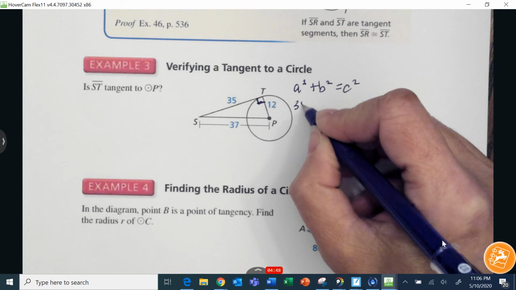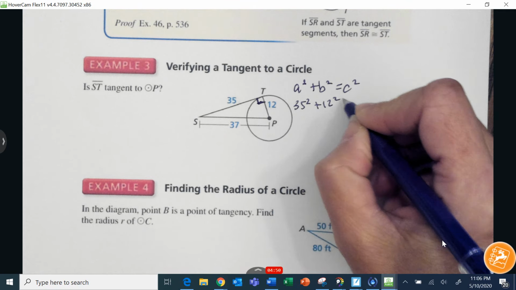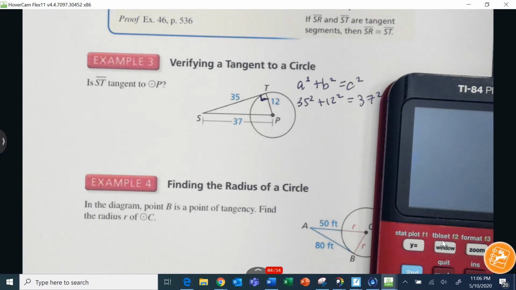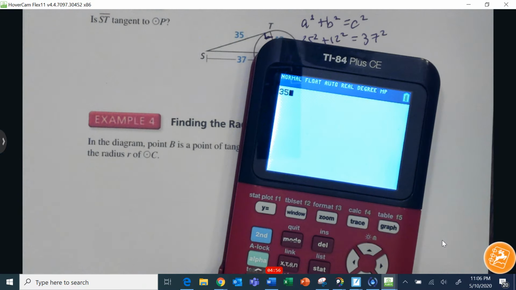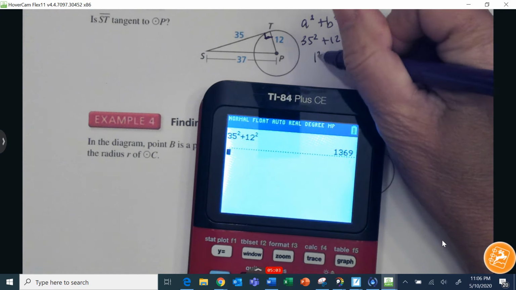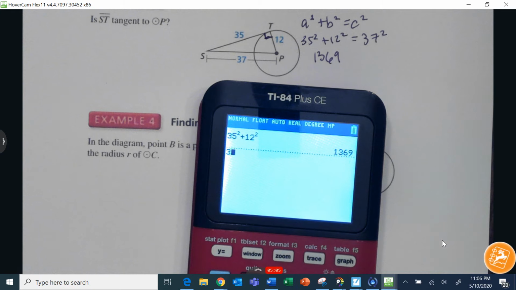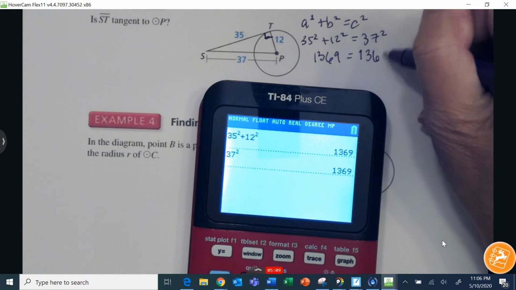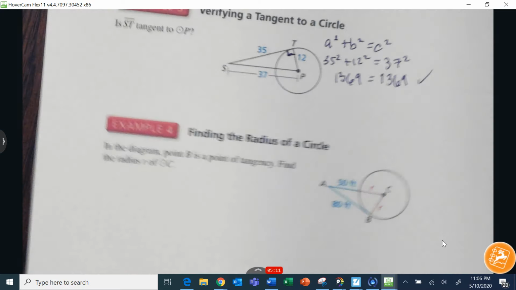So we'll do 35 squared plus 12 squared equals 37 squared. I've got my calculator to make it go a little bit faster. 35 squared plus 12 squared is 1369, and then 37 squared is 1369. So this is yes.